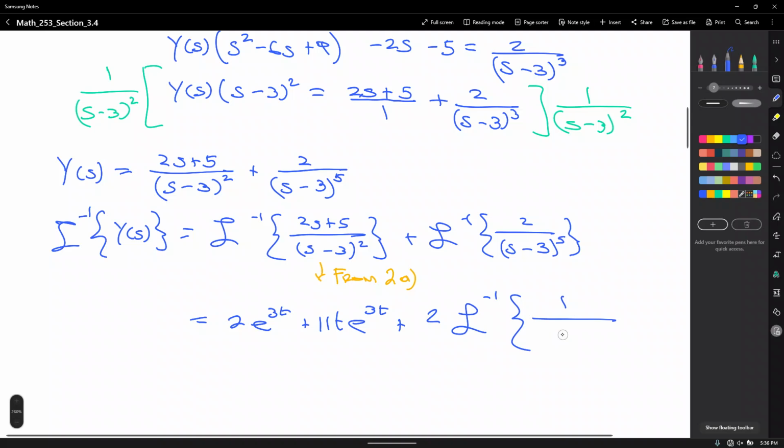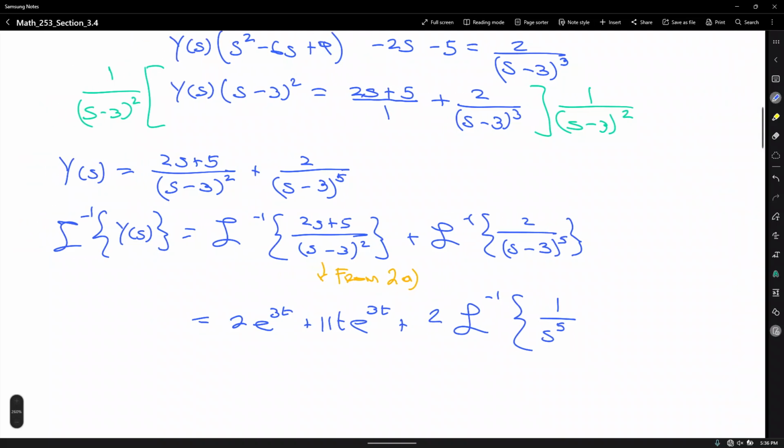Actually, I'm going to write instead s to the fifth power, and then shift s to s minus 3. So we can easily find the inverse transform of 1 over s to the fifth power, and then simply shift at the very end by multiplying by that exponential factor.